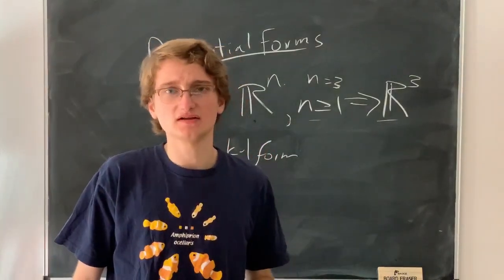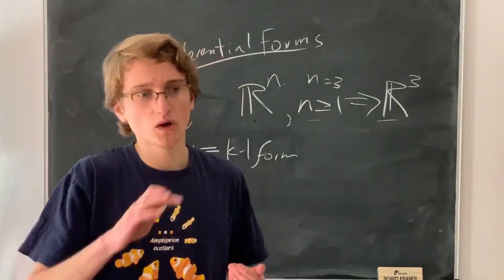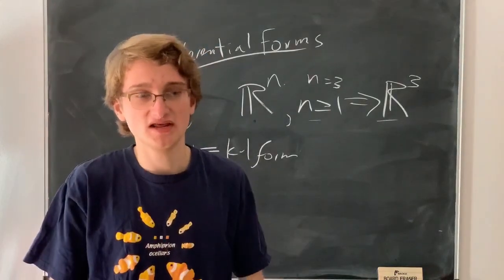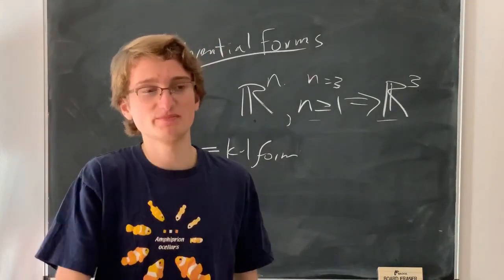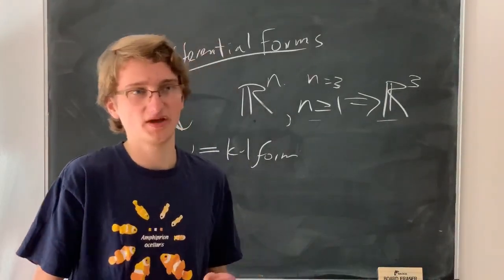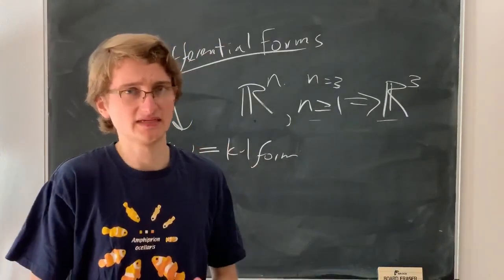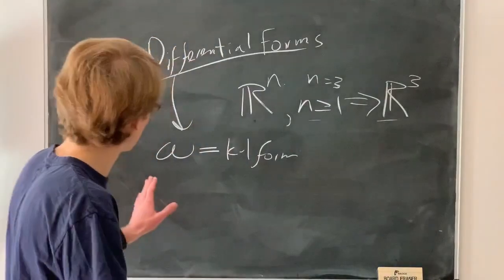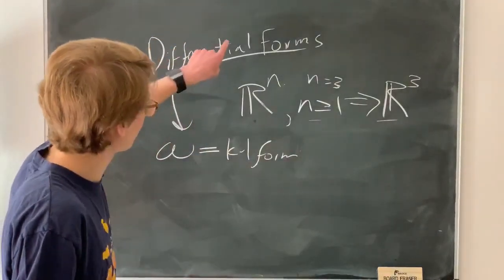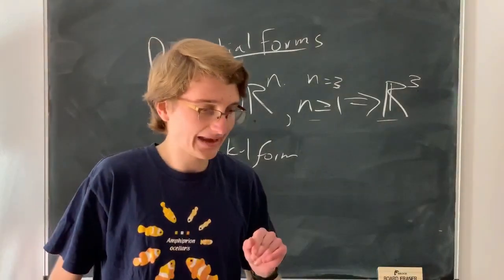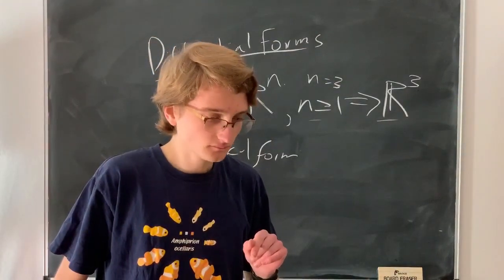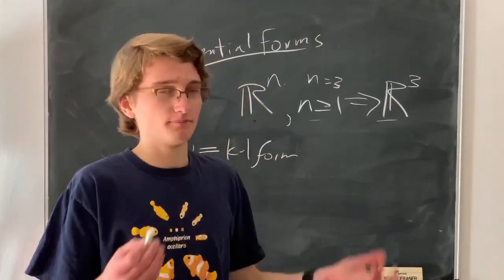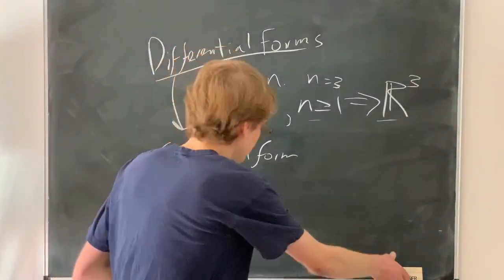If you think about it, it kind of makes sense. The boundary is going to be of a lower dimension than the manifold itself, because mathematically it makes sense that way. So omega is our differential form, K-1, and our manifold is going to be a K form.